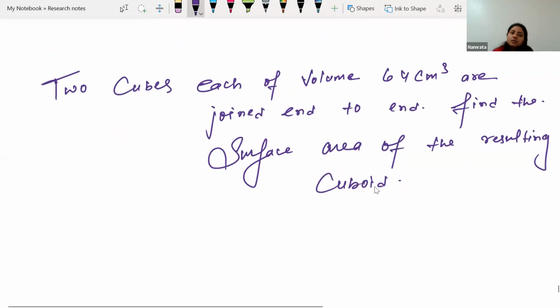If the volume is given for the cube, ma'am, first find the side of the cube, which is 64 cube. So what will we get from here? Cube root of 64 is 8?